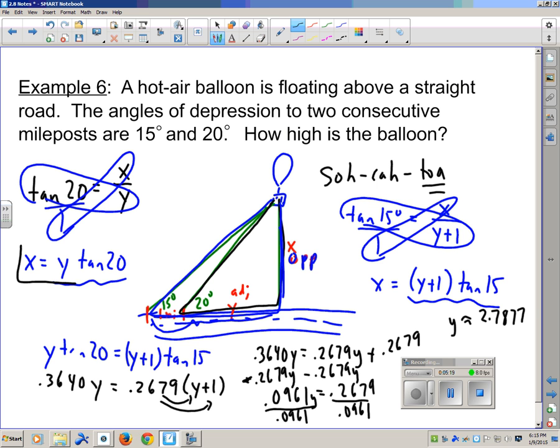All right, but it says x over here. We need to find x. The question is, how high is the balloon? We want to know x. So let's plug in y. So x equals 2.7877 times the tangent of 20.